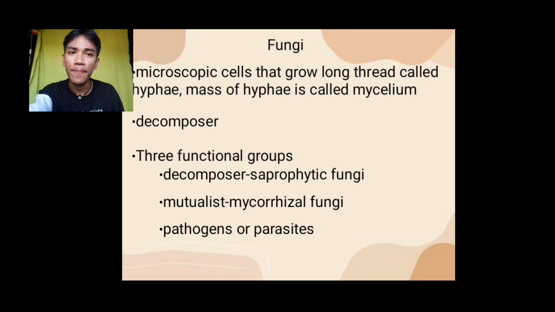And pathogens or parasites cause reduced production or death when they colonize plant roots. Some fungi parasitize disease causing nematodes and feed on insects and may be useful as biocontrol agents.